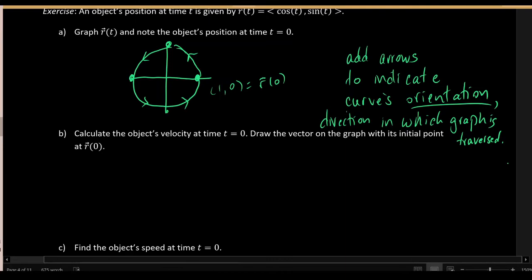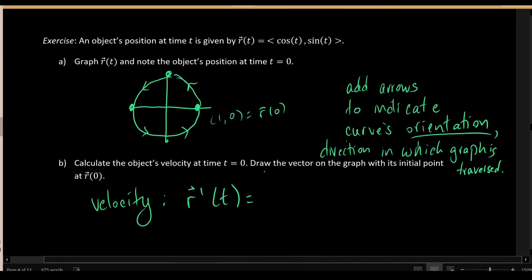If you want velocity, then take the derivative of position. So I go in and I calculate r prime, component-wise. The derivative of cosine is minus sine. The derivative of sine is positive cosine.